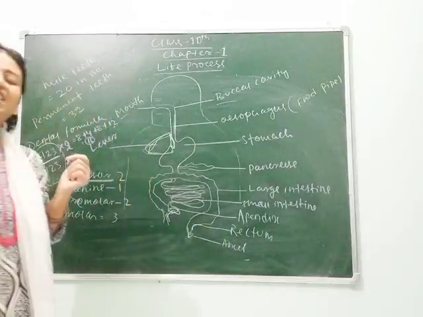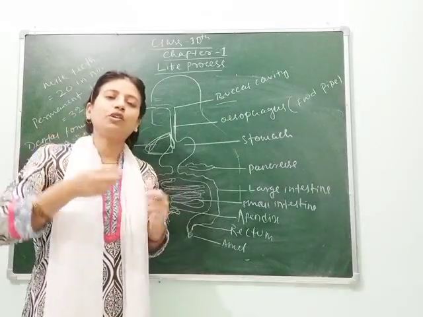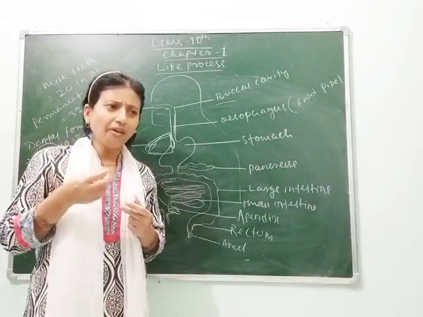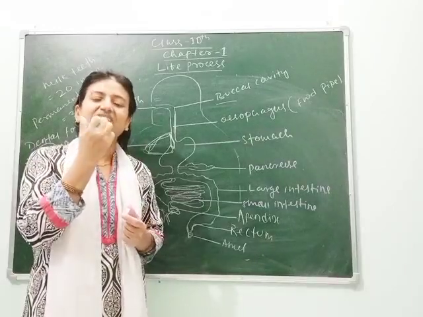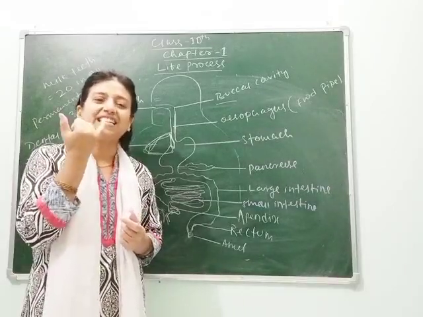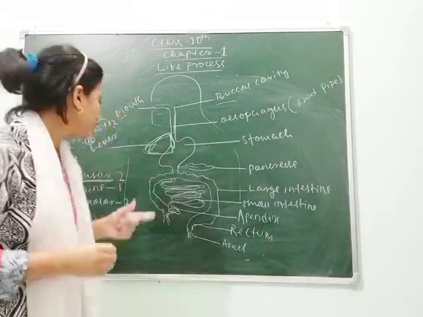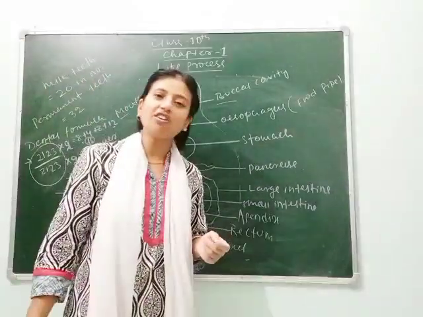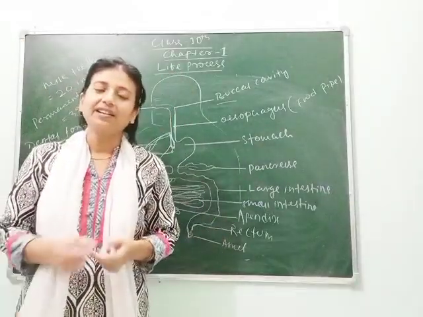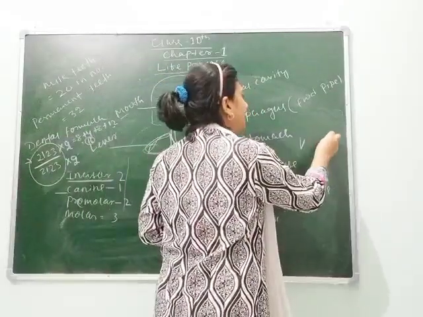The function of incisors is to incise, meaning to tear or to cut. Suppose when we are eating any fruit, then we bite like this. This is helped by the incisors. These two teeth represent the incisors. Next, canine, which is also called dog teeth, meaning kutte ke dant, which is pointed. You can see the teeth that are pointed like this.